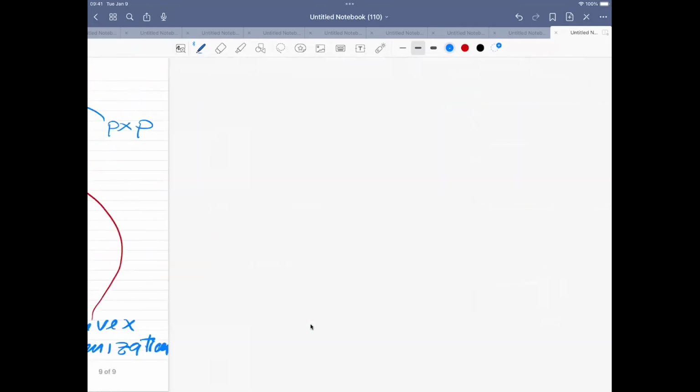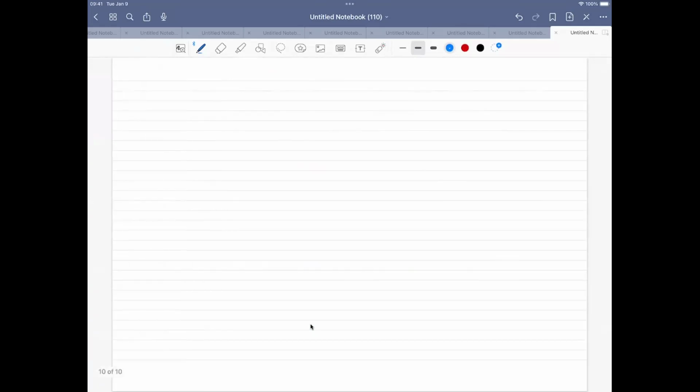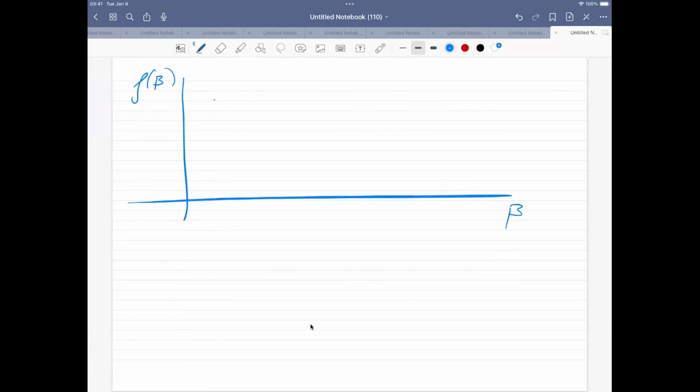So the kind of situation you will often encounter, if you think of a function f of some parameters beta, is that you could get something which looks like this, and something like this. So what you want is the best representation, the one which minimizes the function.